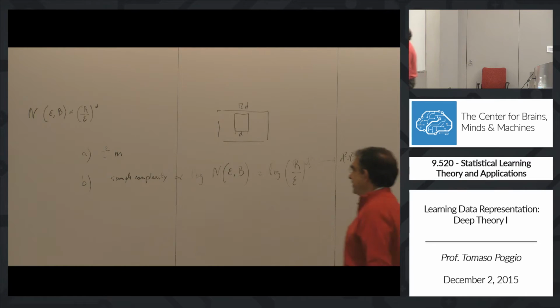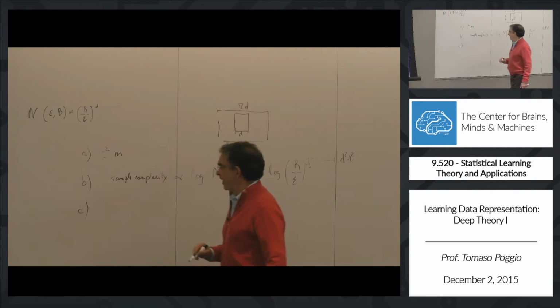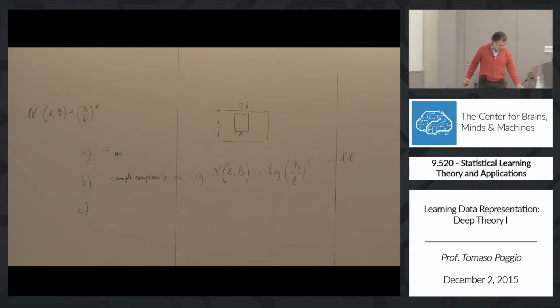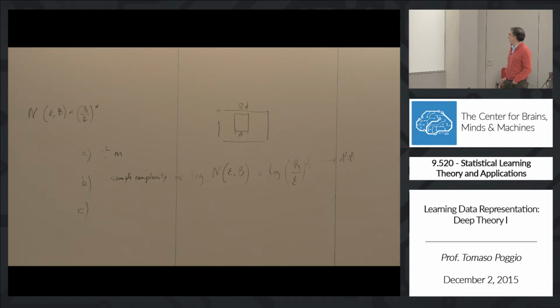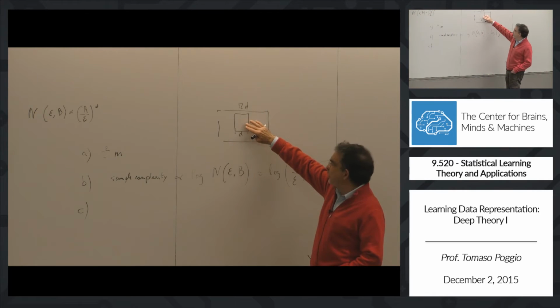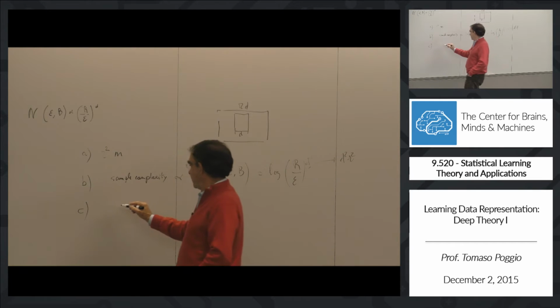A third way to show this, that has the advantage of being a bit more general, is to represent the input to the classifier, instead of in terms of pixels. Suppose I represent the pattern here in terms of a Fourier series.